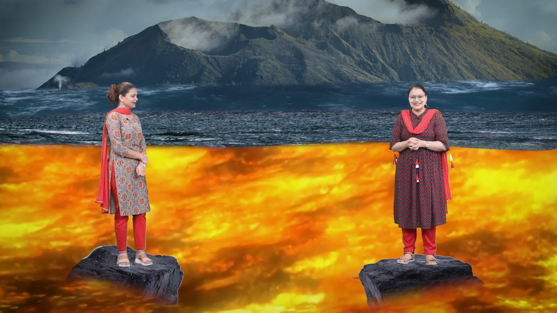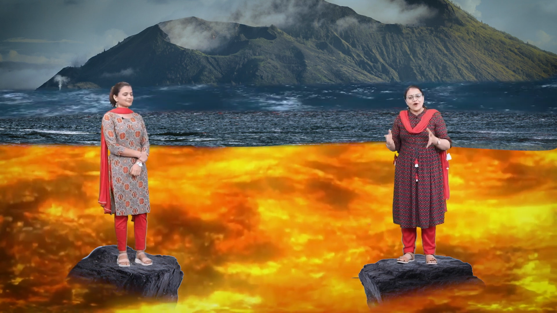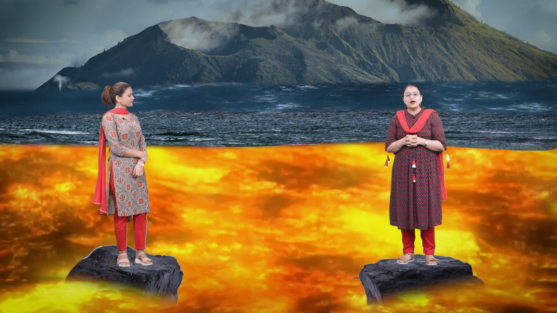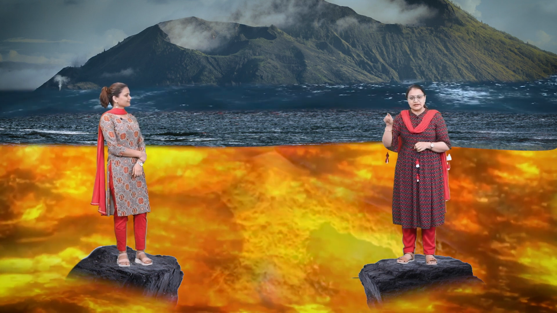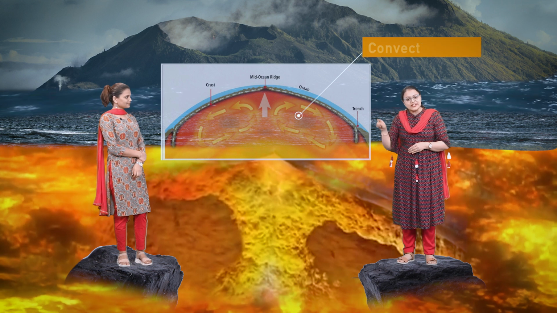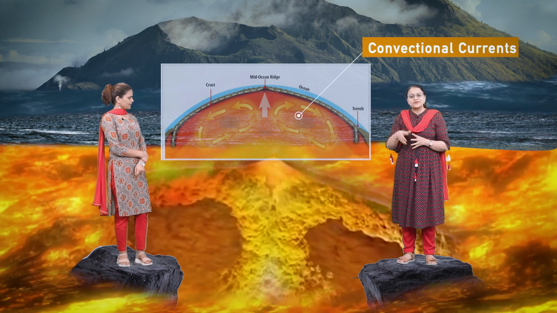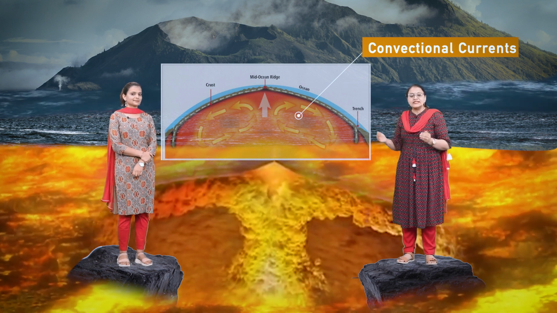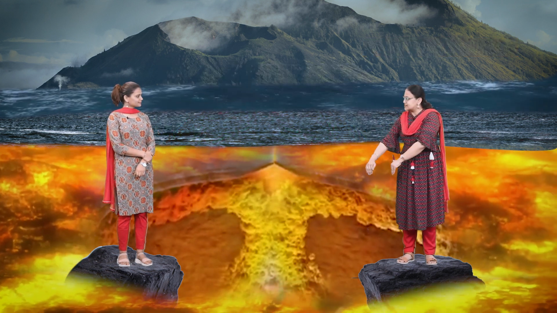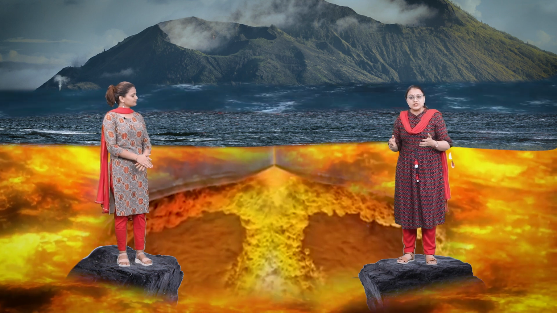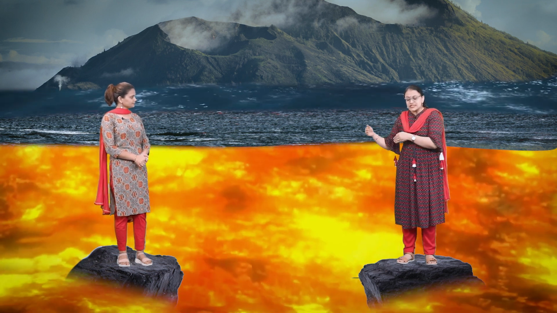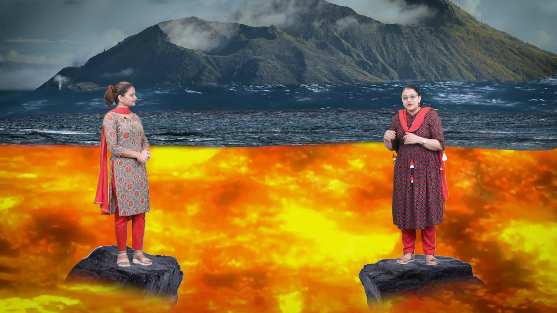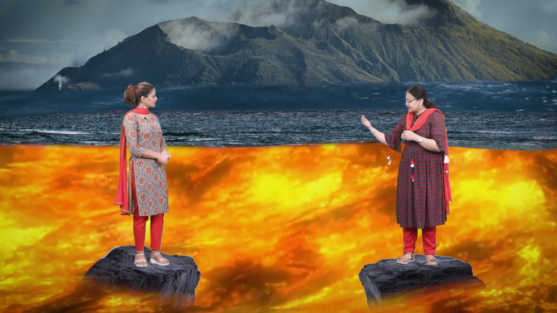Oh my God, horrified. We all know that magma moves in a circular manner, making convectional currents, right? There can be one situation where magma is subsiding at a place. So suppose in the place between us, what will happen to us, the two tectonic plates?